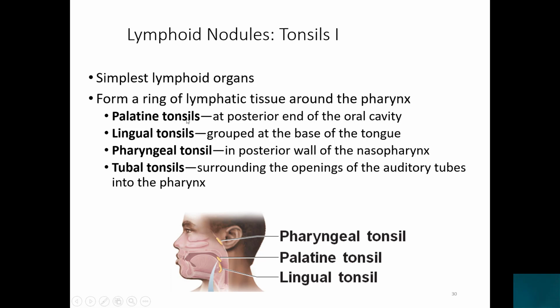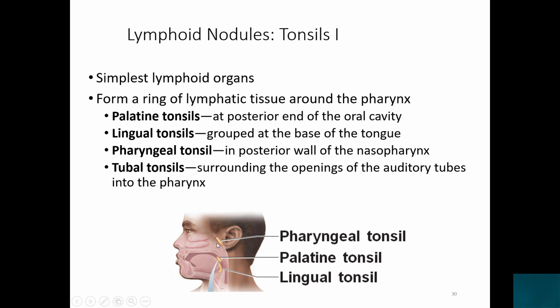So right here, palatine tonsils at the posterior end of the oral cavity, and usually when doctors look in your mouth and they ask you to say "ah", that's what they see, those palatine tonsils. Lingual tonsils are sitting at the base posterior of the tongue.